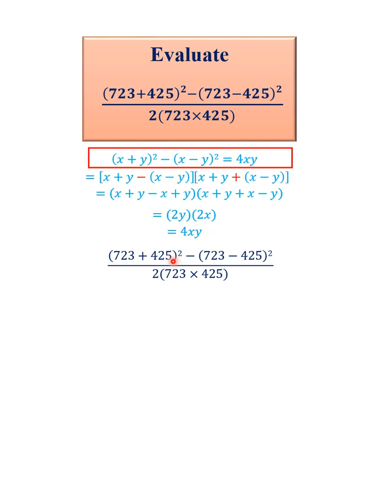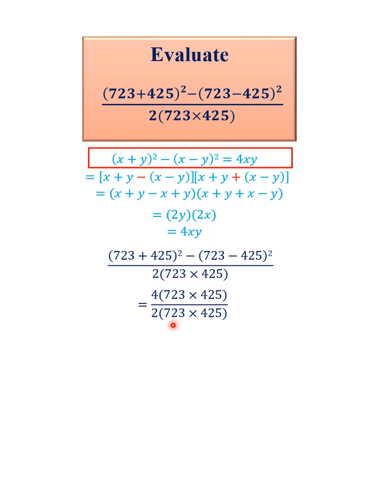If that is the case, it means the numerator will become 4xy, which is 4 times 723 times 425, because this is x and this is y. So it becomes 4 times this divided by the denominator, 2 times 723 times 425.